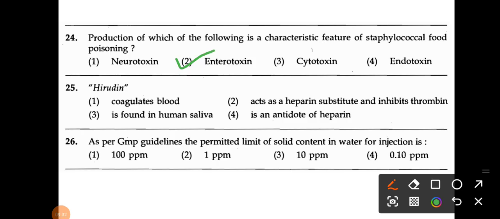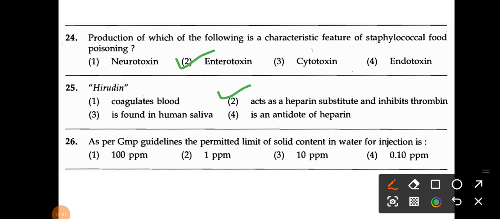The next one, hirudin. So what is hirudin? The options are: coagulate blood; second, act as a heparin substitute and inhibit thrombin; next, is found in human saliva and is an antidote of heparin. What is the correct answer here? That is option number 2, act as a heparin substitute and inhibit thrombin, because hirudin is actually a type of anticoagulant.